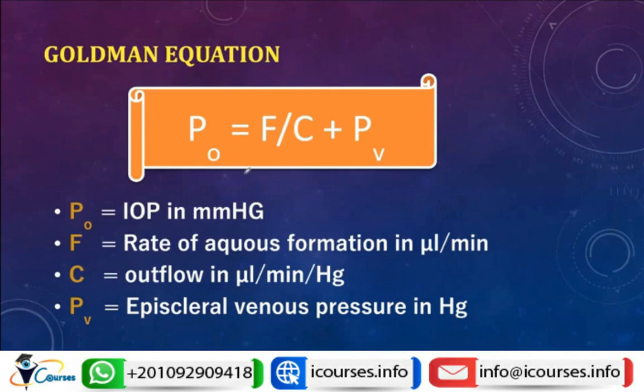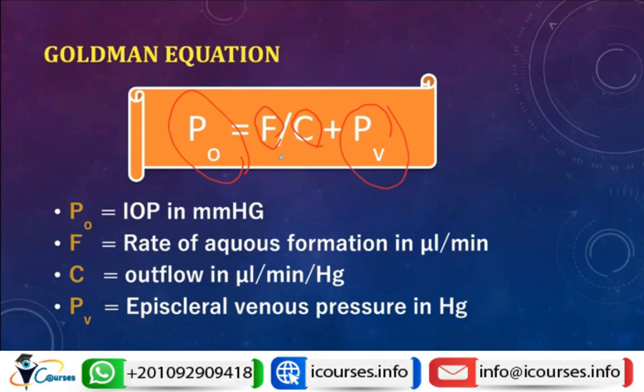He said that the pressure inside the eye, which is Po, or the ocular pressure, equals the rate of aqueous formation, which is F, measured in milliliters per minute, divided by C, which is the facility of the outflow, plus Pv, or the pressure of the episcleral veins.